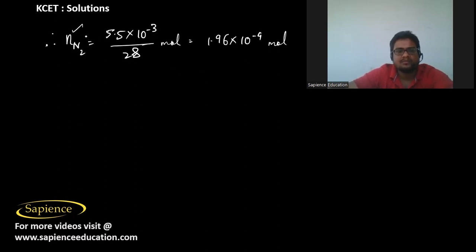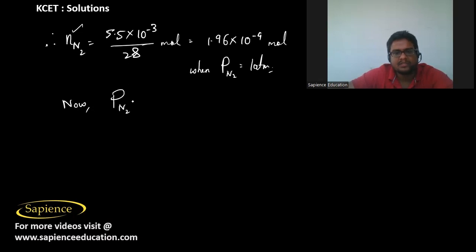So this is the number of moles of nitrogen gas when the partial pressure of nitrogen gas is equal to 1 atmosphere. Now when the partial pressure of nitrogen gas will be 5 atmosphere, the number of moles of N2 also will become 5 times.